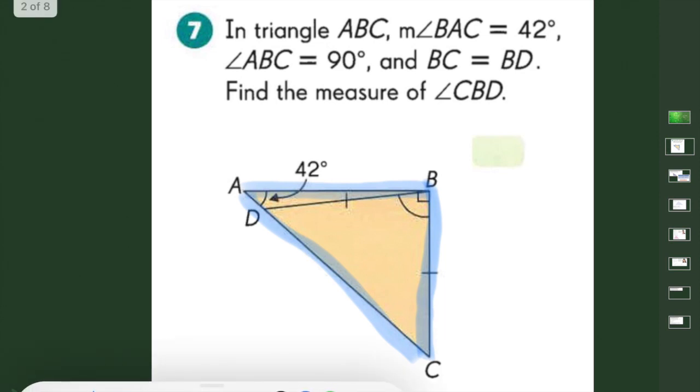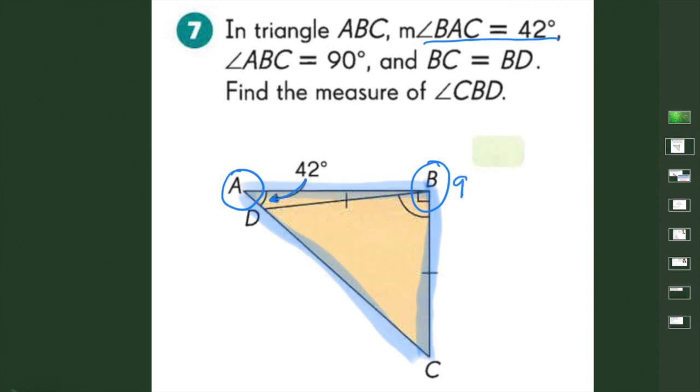So angle A is 42 degrees, and they show us that. And angle ABC, so angle B, is 90 degrees, and that's also given with that little angle in the corner.